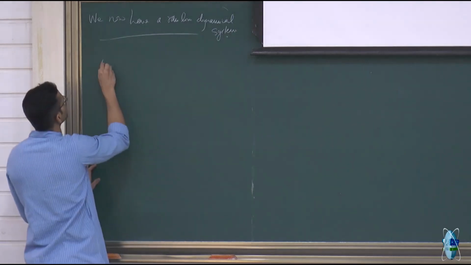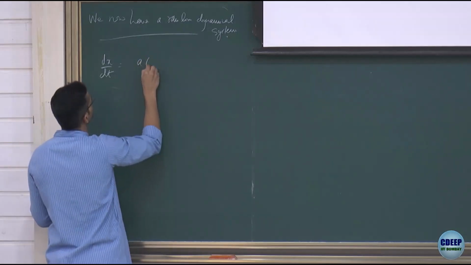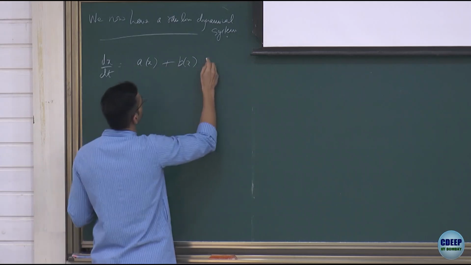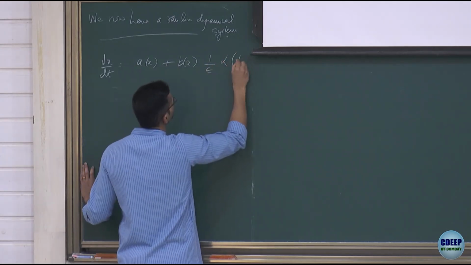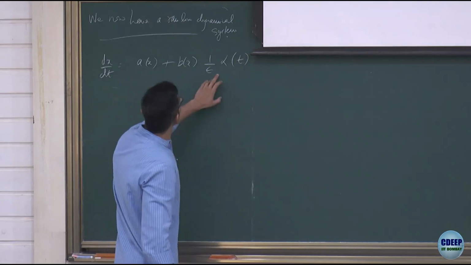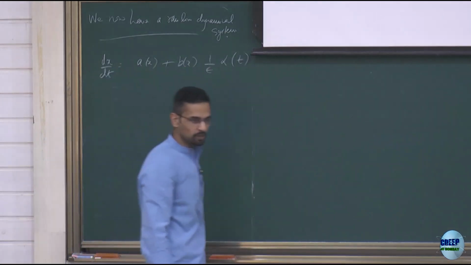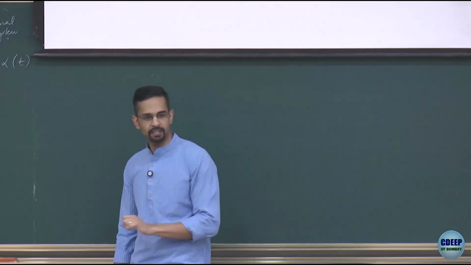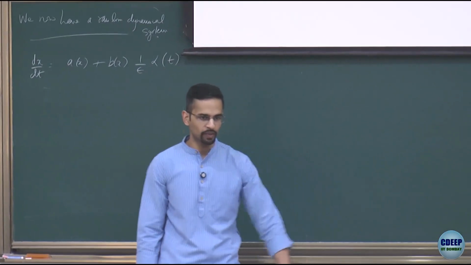I'll just copy the X equation as before, but introducing alpha. Let's remember zeta of epsilon was 1 by epsilon alpha of t by epsilon squared in the earlier discussion, to explicitly show you that alpha of t is some nice signal, but when I replace its time argument by t by epsilon squared, I can make it go to white noise.